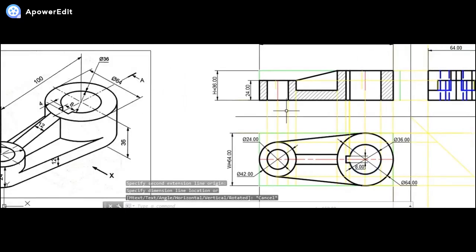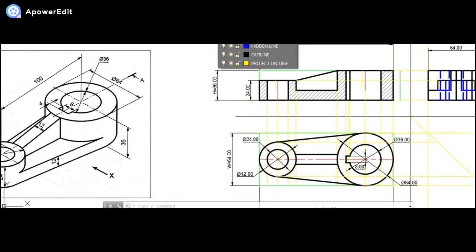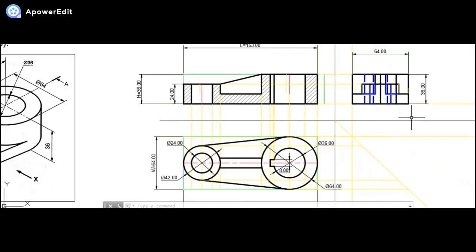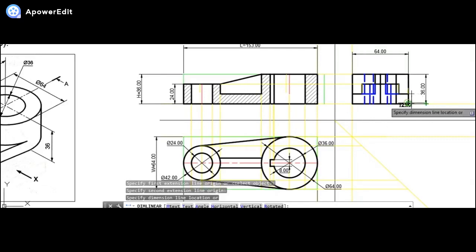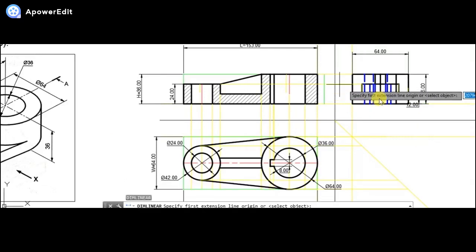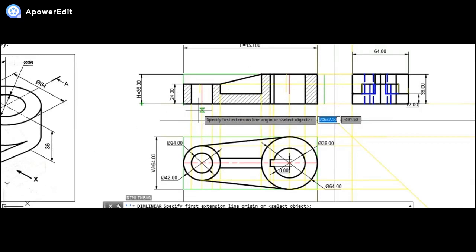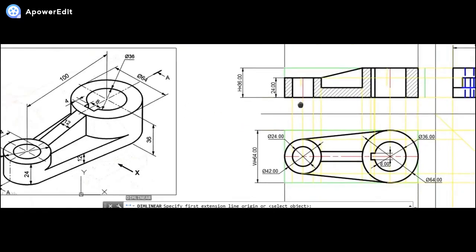Now talking about the overall height, we have shown. Some of the other dimensions which are left out, we can show it. This one is 12. 24 is already what we have shown it over there.